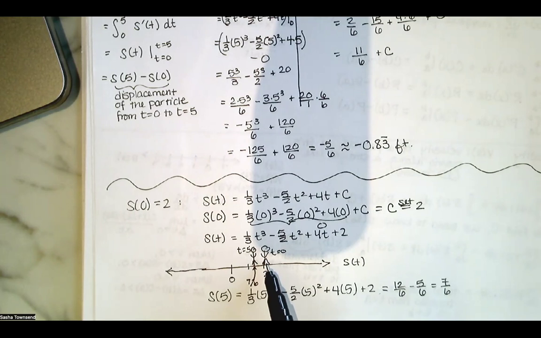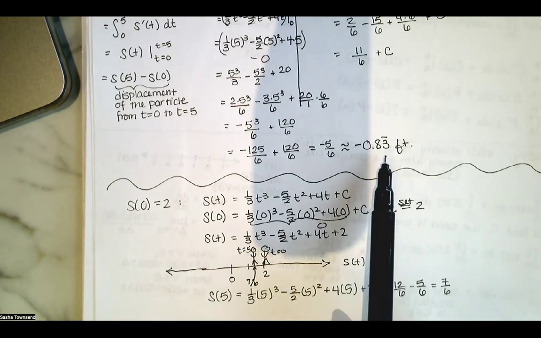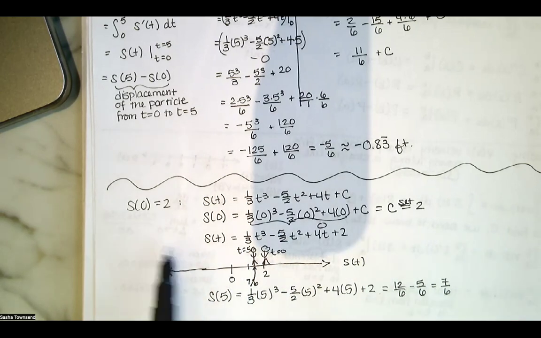So our person didn't move a particular distance, but the change in position from time t equals 0 to t equals 5 seconds was negative 0.83 feet, which just means we moved 0.83 units, or excuse me, from right to left, when we take this difference between the two positions.